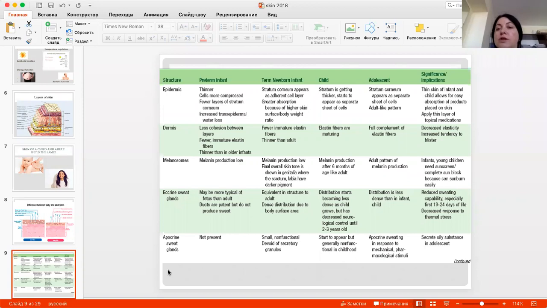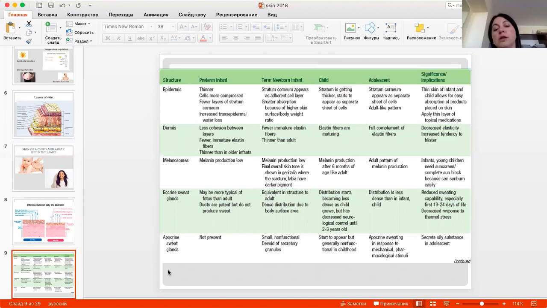A term newborn infant has the same peculiarities, but slightly less pronounced, like greater absorption performed by skin because of the position of the blood vessels closer to the surface of the skin, and worse barrier function of epidermis.